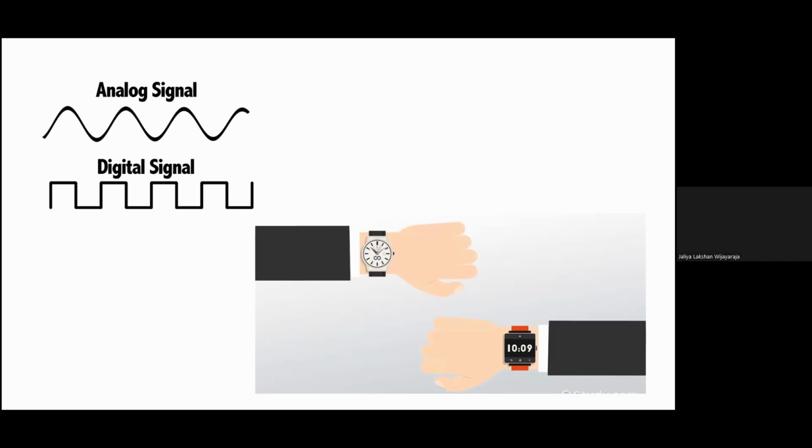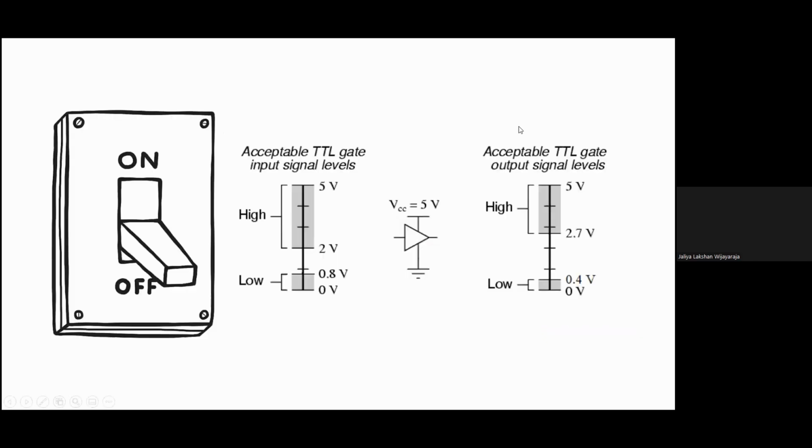Analog clocks, for example, are mechanical devices which can have any value within their operational range. But almost all digital systems are electronic, and they use ones and zeros to represent certain data. In electronics, you can consider a digital signal as a simple switch.